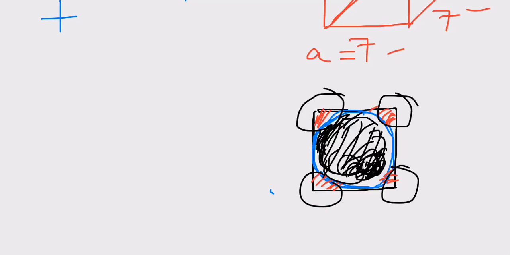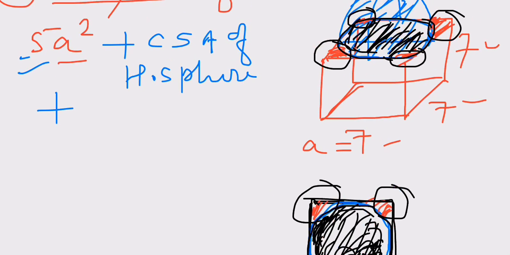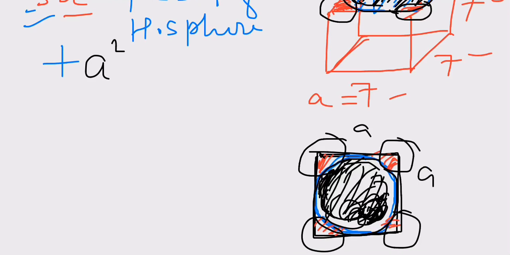How to find out these four corners' area? Very simple. We have to subtract the area of this circular portion from the area of this whole cube. So we'll have to write that the cube area is a square, because a is the edge, and the area of the circle is pi r square, so a square minus pi r square.